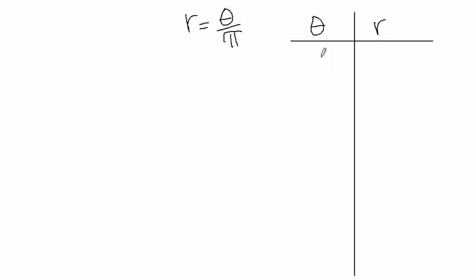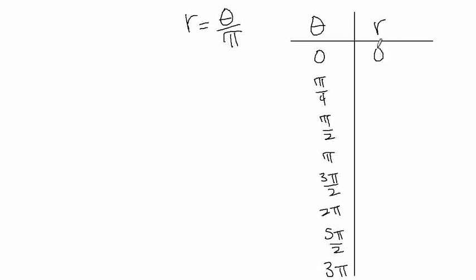Let's do 0, pi over 4, pi over 2, pi, 3 pi over 2, 2 pi, 5 pi over 2, and 3 pi. And we'll stop there. All right? So for all those theta values, we have to divide them by pi to find the corresponding r value.